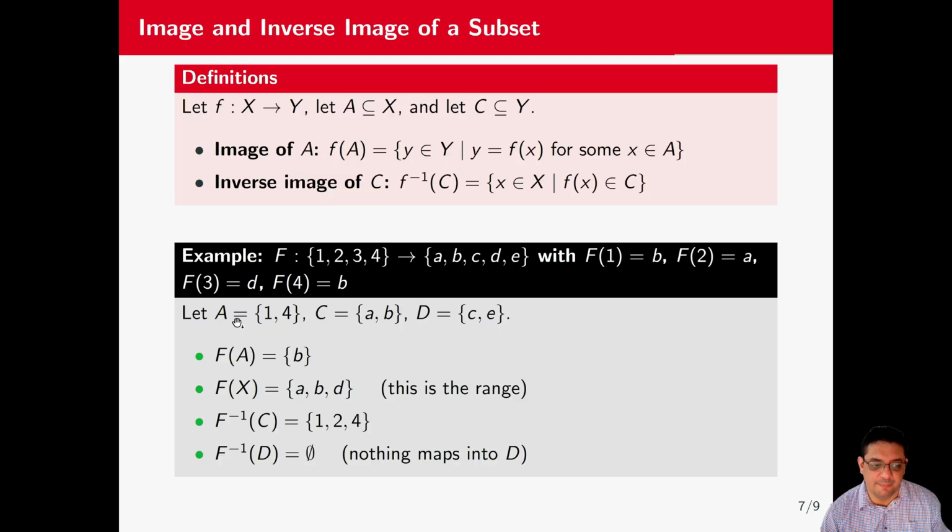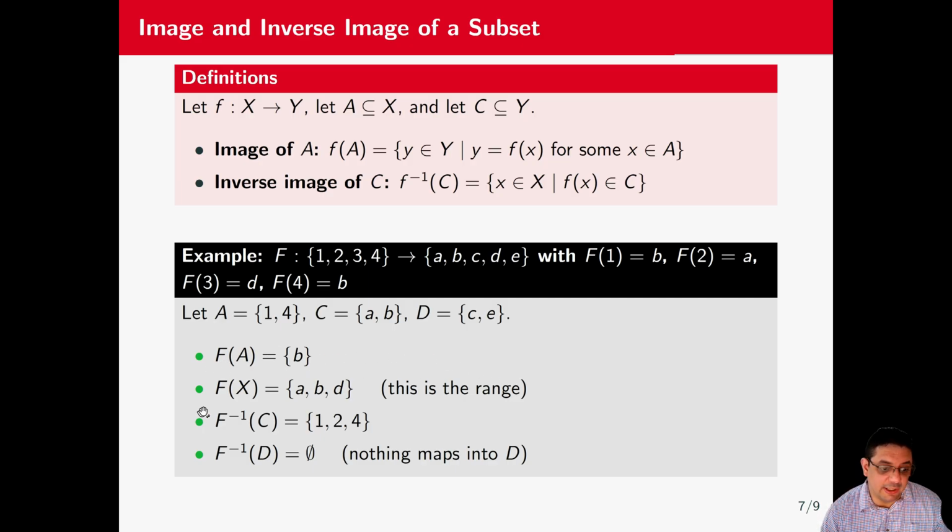So A is a subset of the domain, and C and D are subsets of the codomain. Now, the image of A is just going to be {b}. Why? Because notice that f of 1 is b, but f of 4 is also b. So the image of this set is just a singleton, a single element.